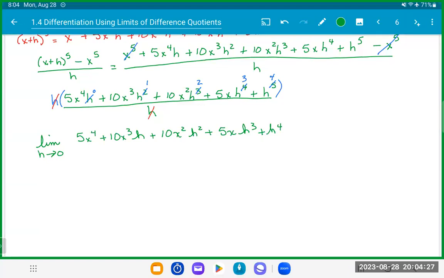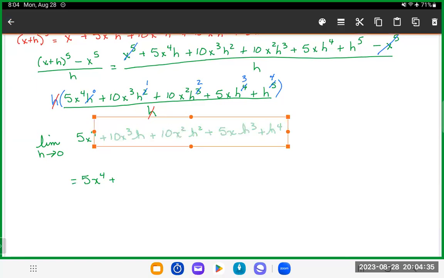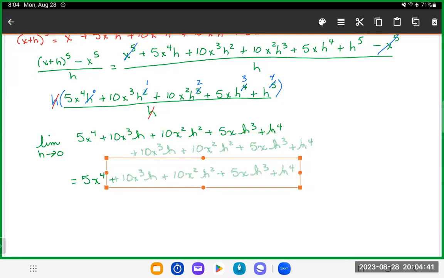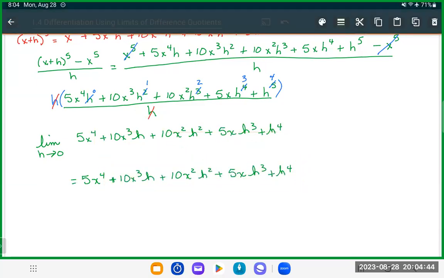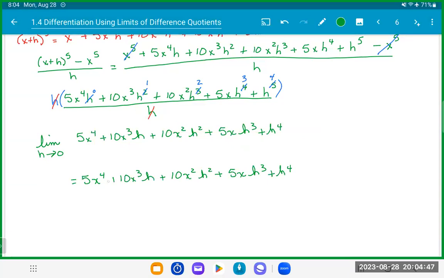So when we plug in 0 for all of that, that's going to give me 5x to the 4 plus, I'm going to just copy all of this that has h's. And for every h, we're just going to replace it with that 0. And that simplifies to 5x to the 4. Okay? Question.